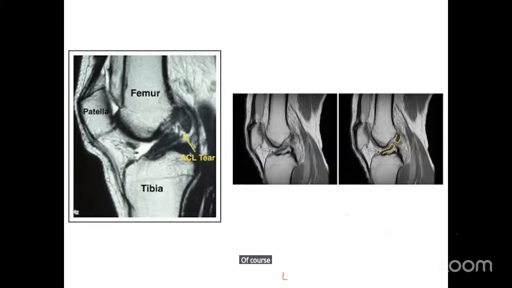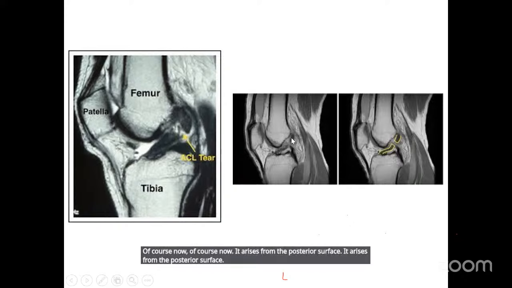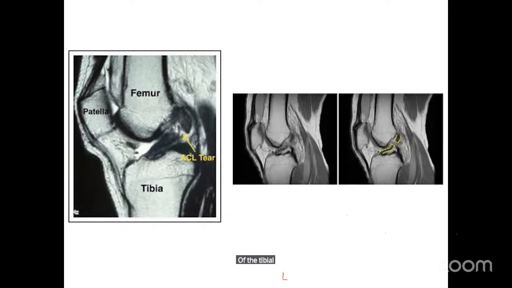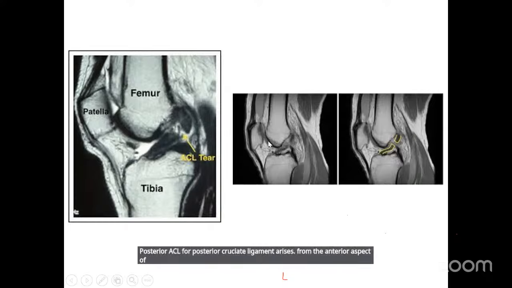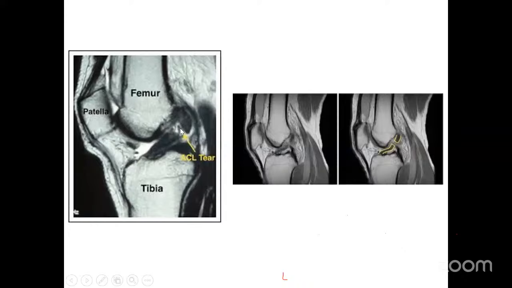Of course, it arises from the posterior surface of the tibial condyles, and then inserts on the anterior surface of the tibial plateau. The posterior cruciate ligament arises from the anterior aspect of the tibial condyle in between and inserts posteriorly. Here is the ACL root. PCL is like this.